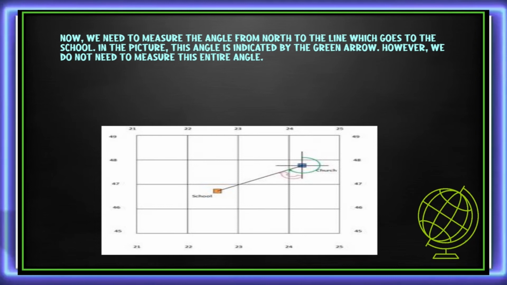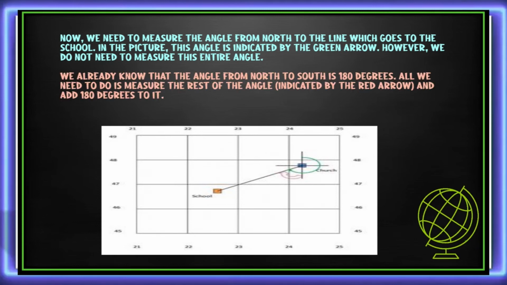However, we do not need to measure this entire angle. We already know that the angle from north to south is 180 degrees. All we need to do is measure the rest of the angle indicated by the red arrow and add 180 degrees to it.